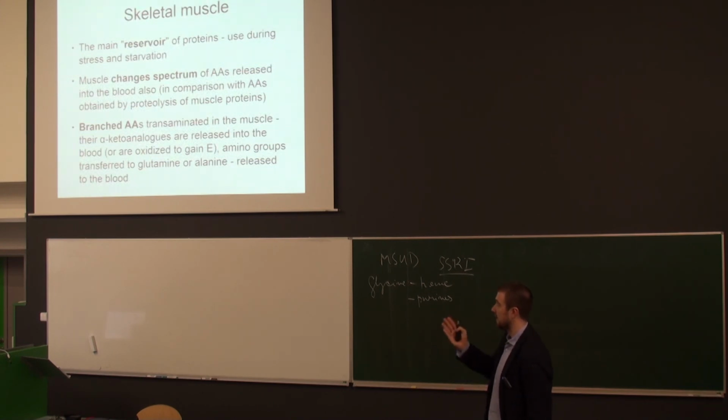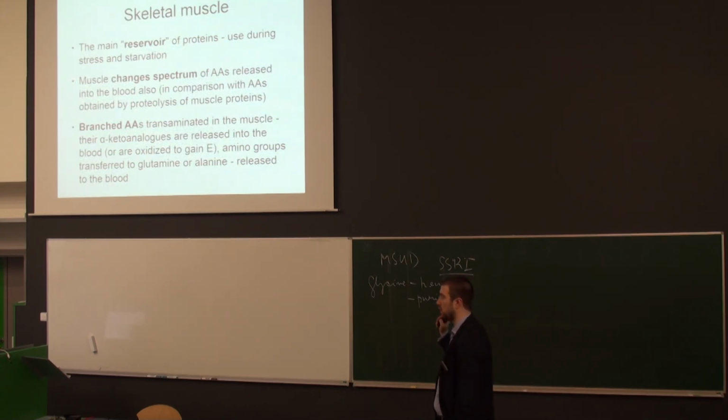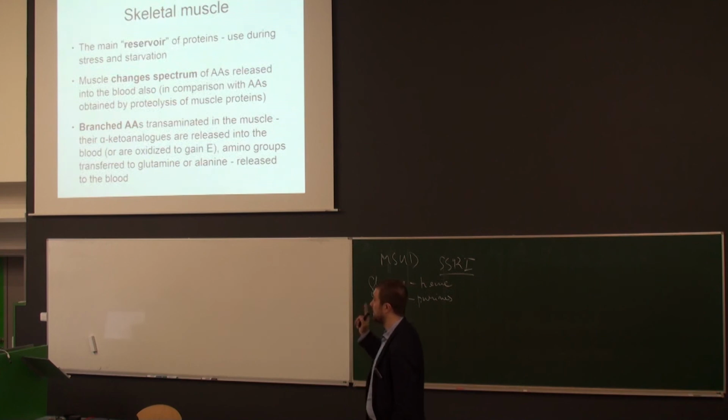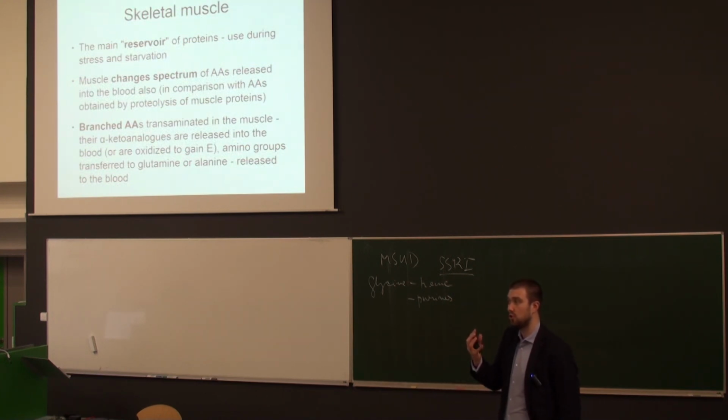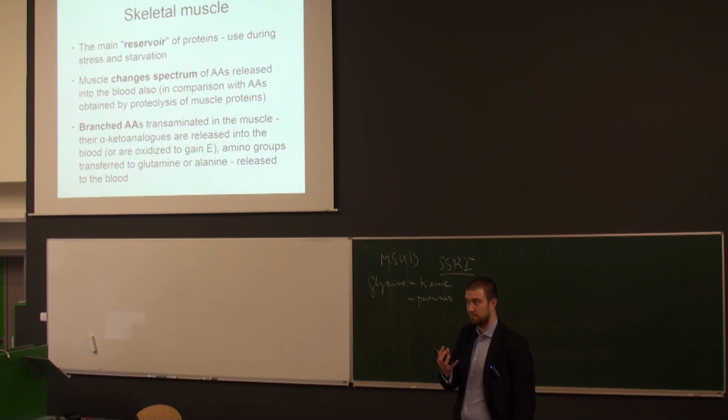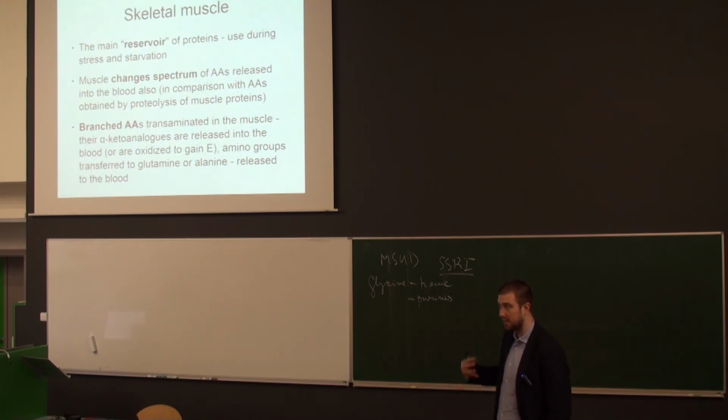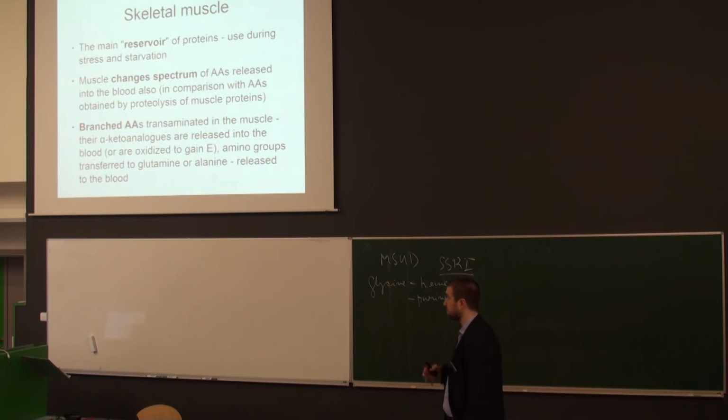That means, as you know, branched-chain amino acids will be transaminated at the level of skeletal muscle, and into the bloodstream you release the alpha-keto analogues of branched-chain amino acids, plus the nitrogen from this will be incorporated into alanine and into glutamate and glutamine. And these are sent to the rest of the body.